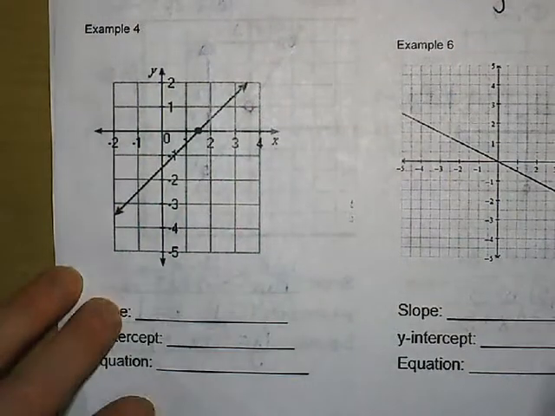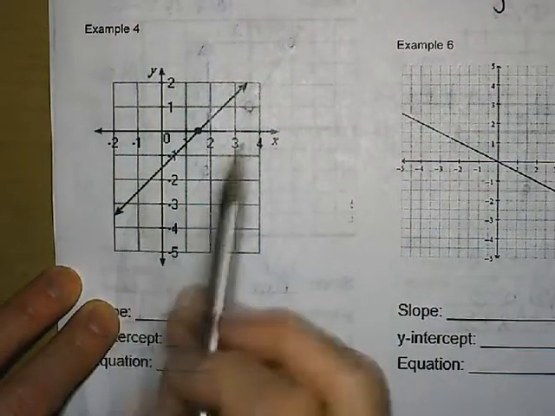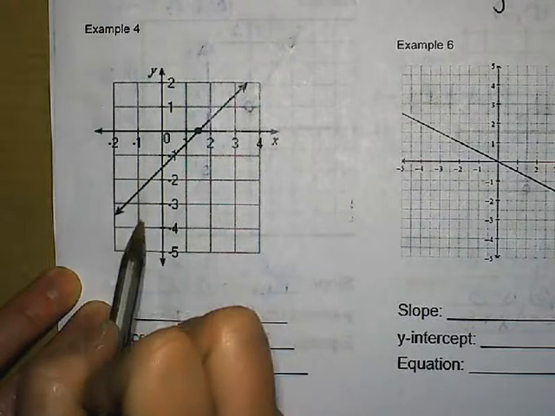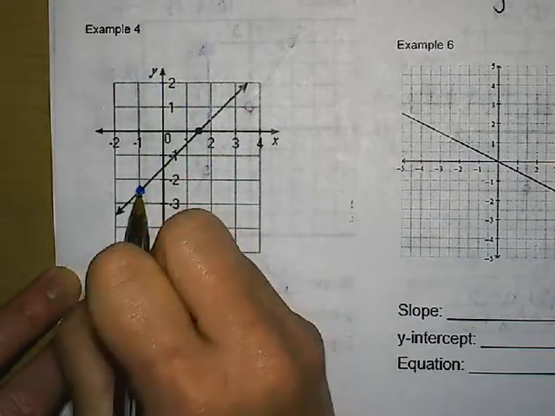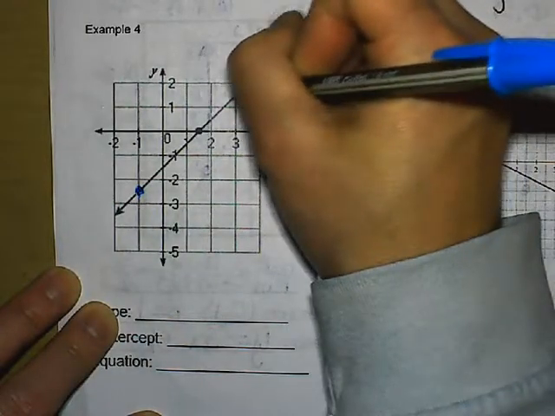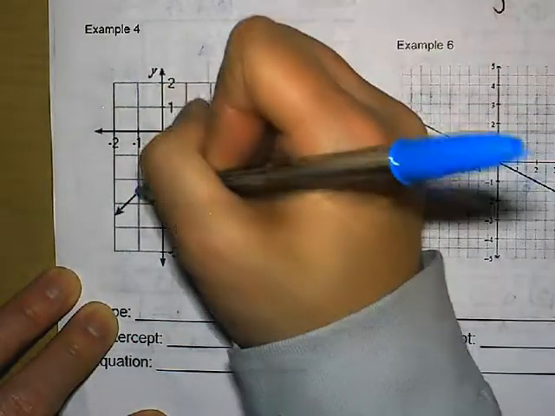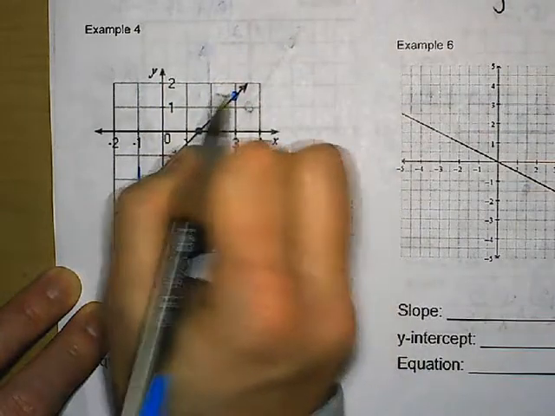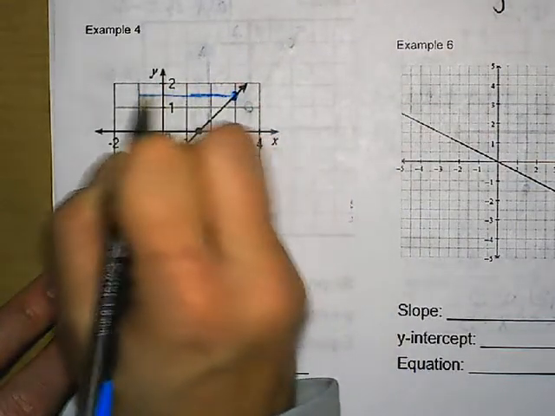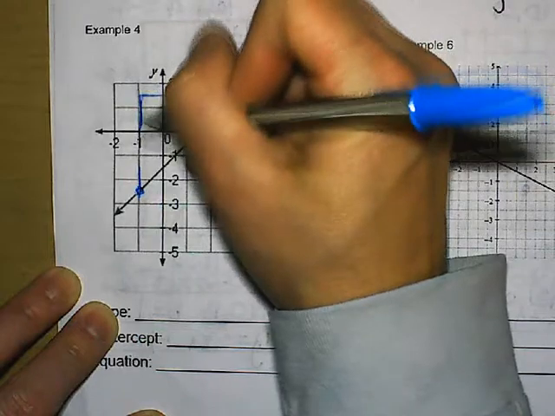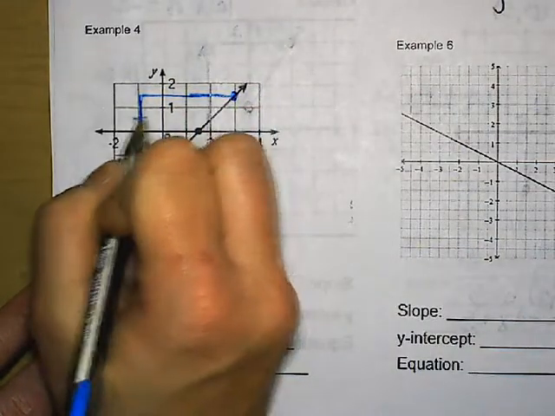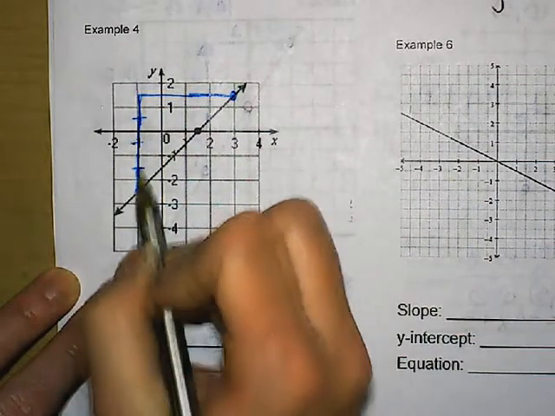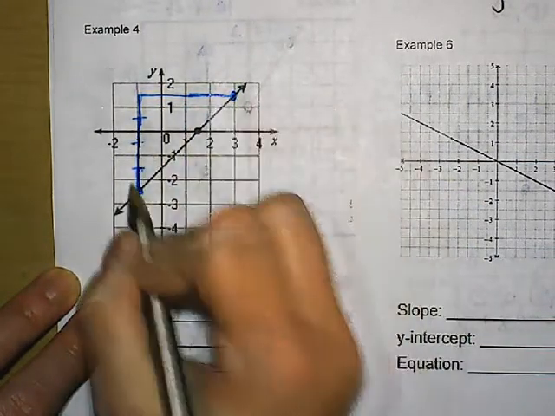For my slope, I'm going to attempt to pick a point that is on a line so that I know that it's kind of a halfway mark. So I'm going to go ahead and pick this point, and then I will even pick this one here as well. So I'm going to go up, and what's really cool is that it looks like I could actually put maybe halfway marks between all my squares, and I can count from half to half, half to half.